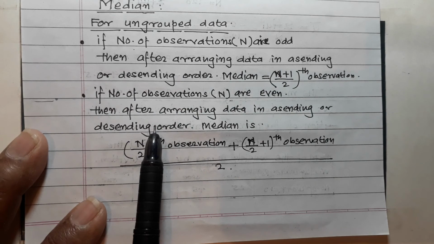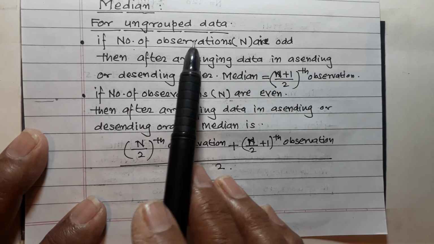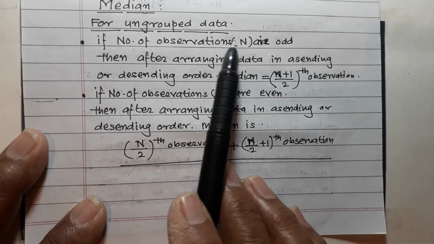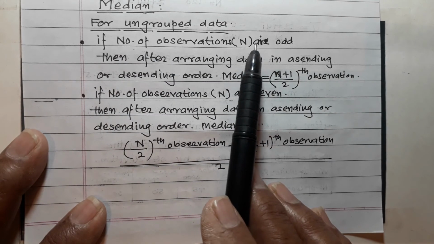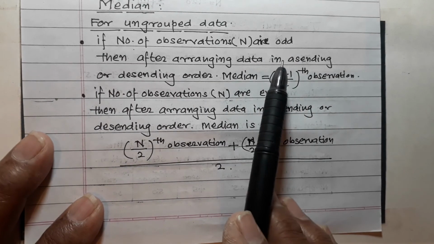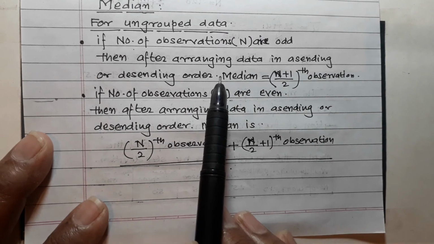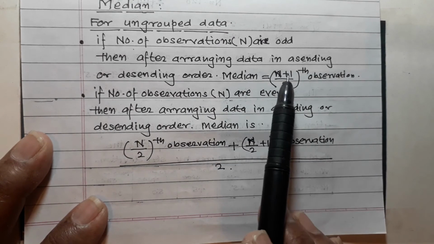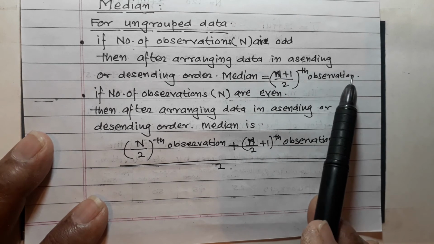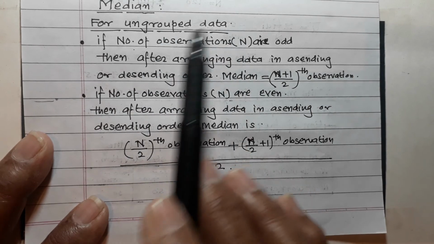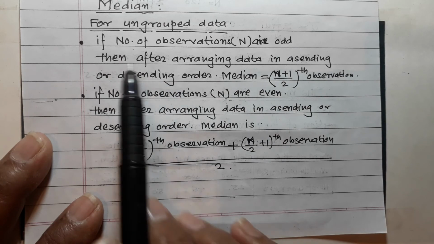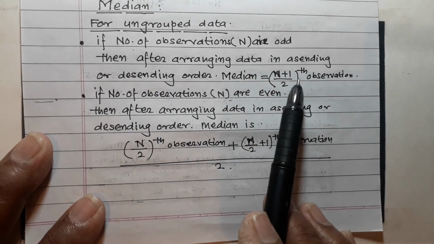This point you remember. If the number of observations, that is n, meaning the total frequency, is odd, then after arranging the data in ascending or descending order, median is equal to the (n plus 1) upon 2-th observation. In ungrouped data the observations are very limited, so you can use this method.